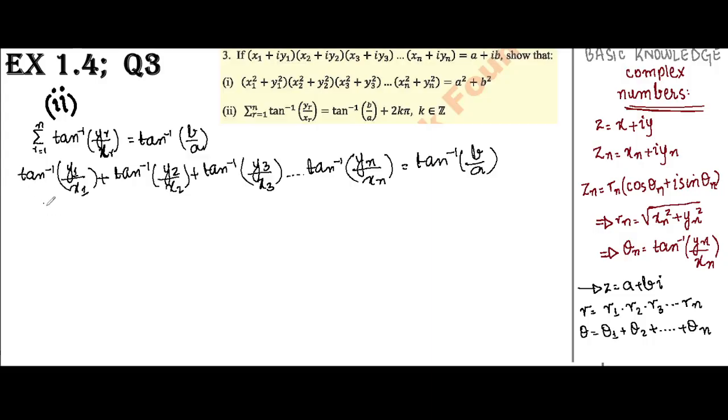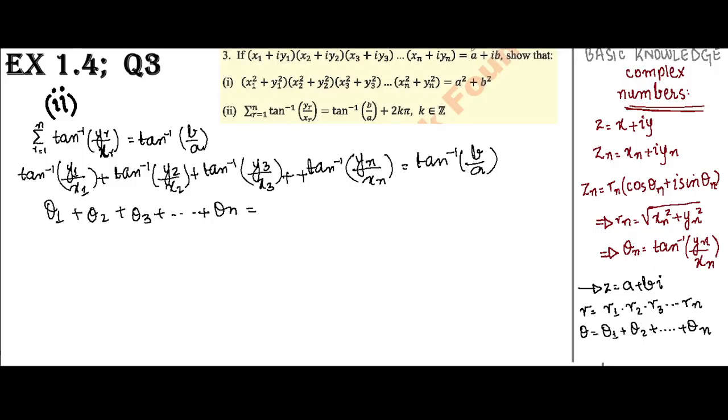Now as we know that theta n equals to tan inverse yn by xn, so we are going to write this term as theta 1 plus, because it is the same as this one, we have just replaced n with 1. Then this term is theta 2 plus this term is theta 3 and plus up to this term is theta n equals to tan inverse b by a.